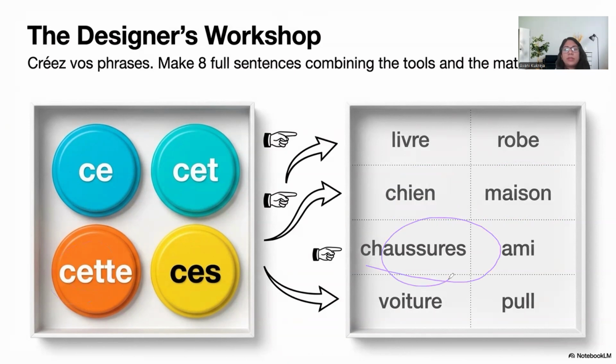Ces chaussures. Dash ami would be? Cet ami. If we put an extra E, with the feminine one, then it's cette amie. Dash voiture? Cette voiture. Dash pull? Ce pull. Excellent. Super.